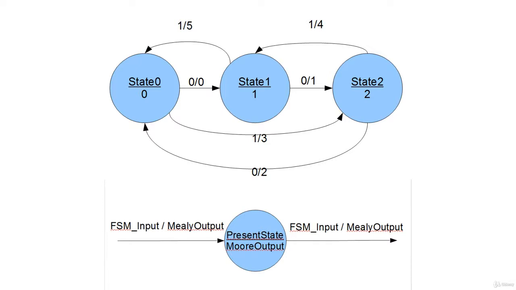And the Mealy output, you see it changes from 0 to 1, and from 1 to 2 when the FSM input is 0, and it goes from 3 to 4 to 5 as it transitions from state 0 to state 1 to state 2 back to state 0.